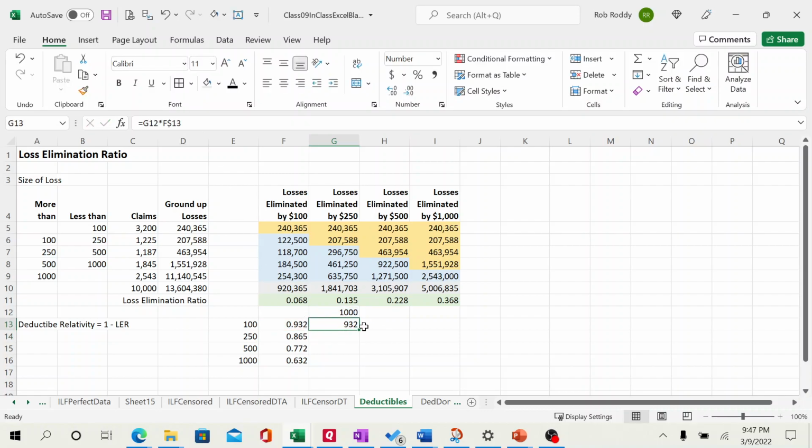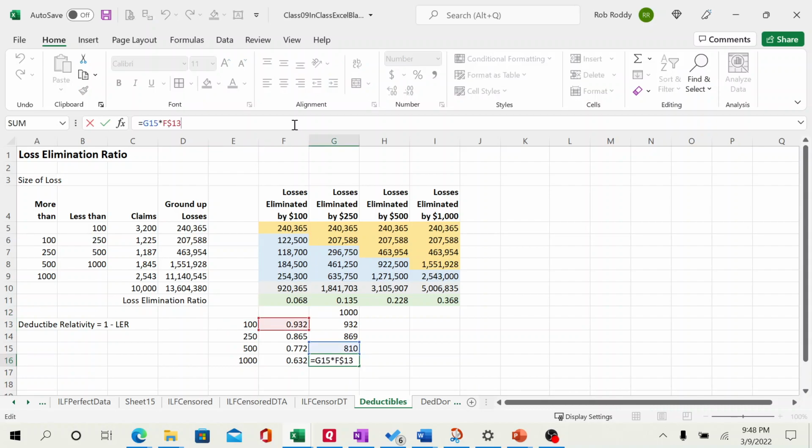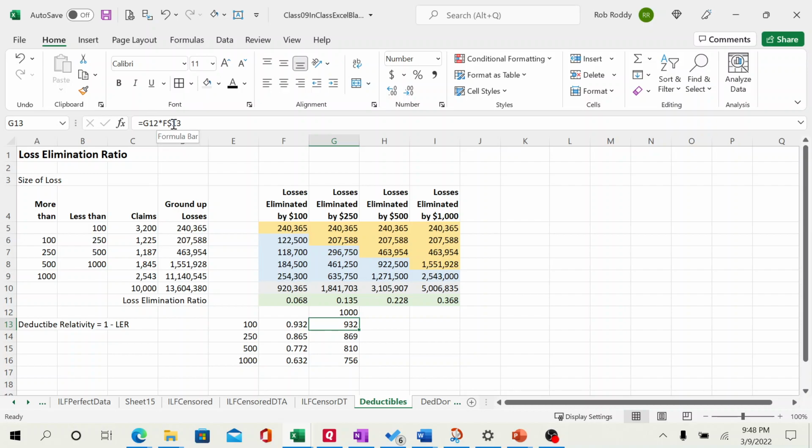So for $1,000 premium, for example, you should charge $932 for a $100 deductible. And what did I do here? Oh, I just hit the wrong layer. It's been a long day. That's better. $632 for a $1,000 deductible.